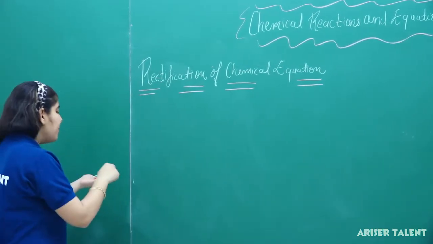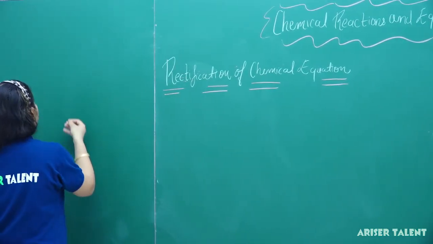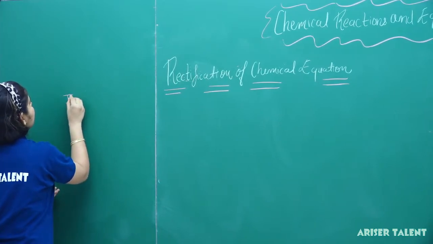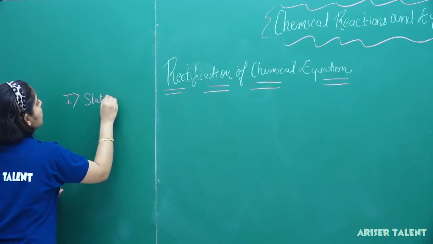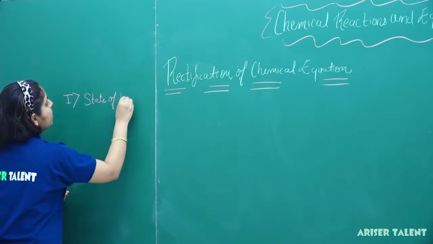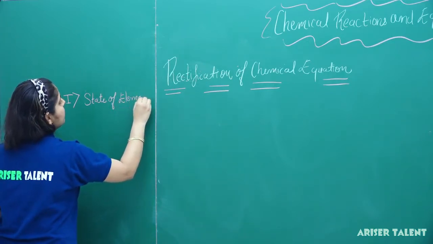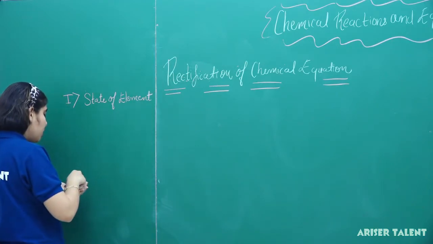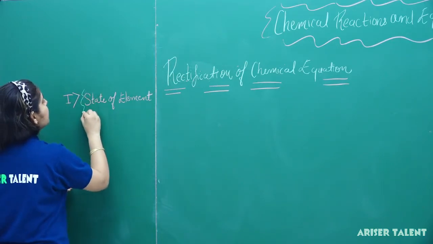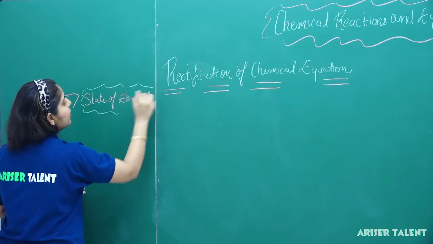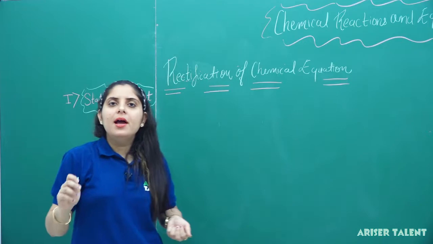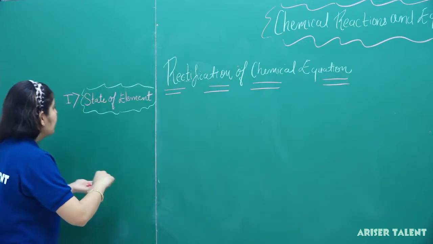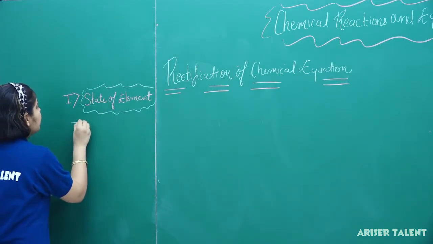So in the rectification process, we have our first topic, that is state of element. The state of the element is shown in the rectification method. If I am considering a solid, I will write a small s in brackets. So here we have some points.